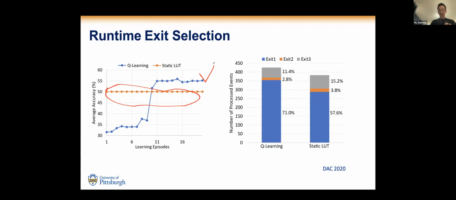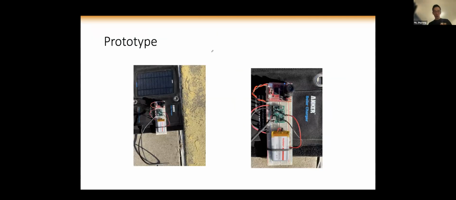Okay, and this one basically shows, out of all the exits we are taking, how many decisions are made by exit 1, how many by exit 2, and how many by exit 3. Not surprisingly, a lot of decisions are actually made by the first exit.